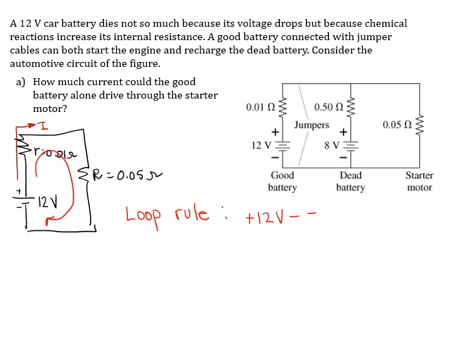So we've got minus I times the resistance, 0.01 ohms. And we also have a potential drop over the starter motor of I times 0.05. And all that together has to give us 0. So then our current is going to be 12 volts divided by 0.06 ohms, or 200 amps.